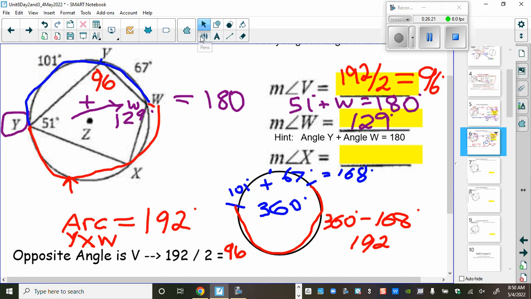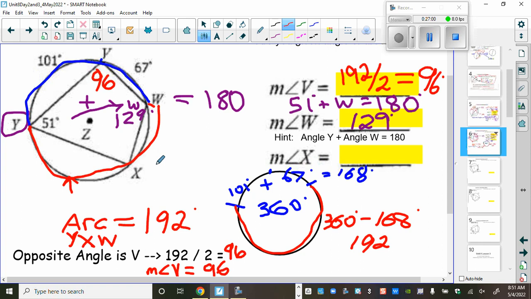So angle V is going to be 96. Now, do we have enough information to get the last angle? Yeah or no? Do we have enough information to get that angle X? Well, first off, angle V, which angle is opposite angle V?